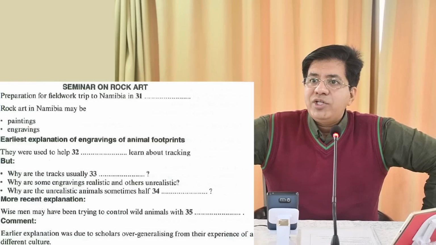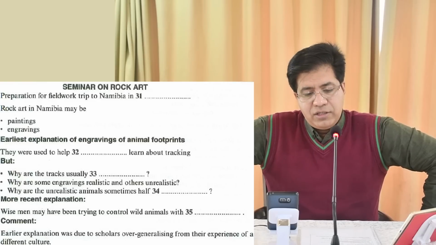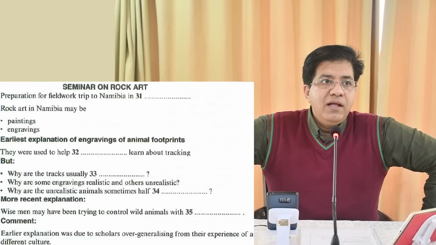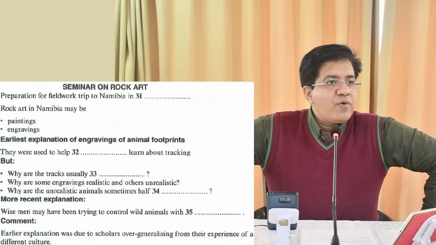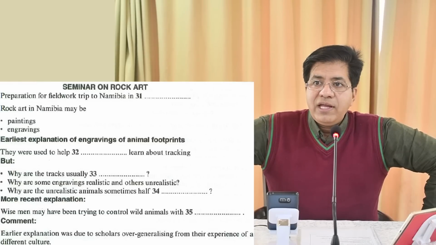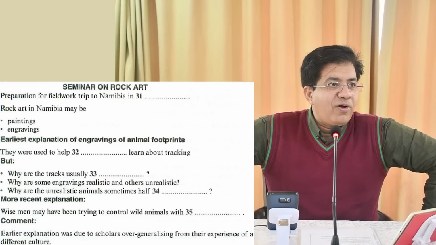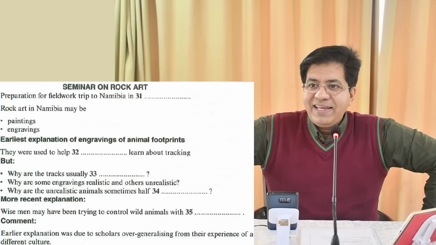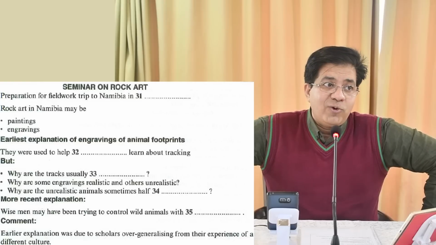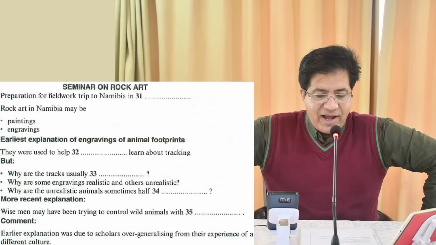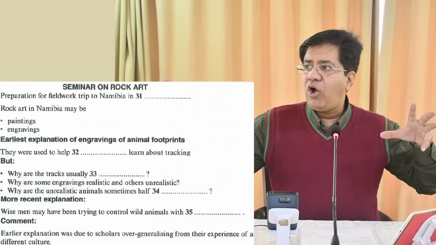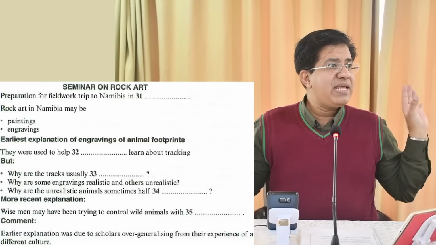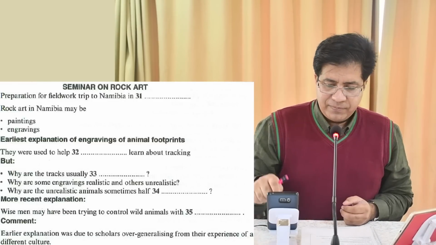Namibia is already mentioned. So location is already mentioned. To Namibia in March, April, May, June, July, or in 2022. Right? You cannot write in 8 o'clock. You cannot write in Monday, because for that at 8 o'clock on Monday, right? So it's going to be a month or a year. This is my guess. Let's see what it is actually.